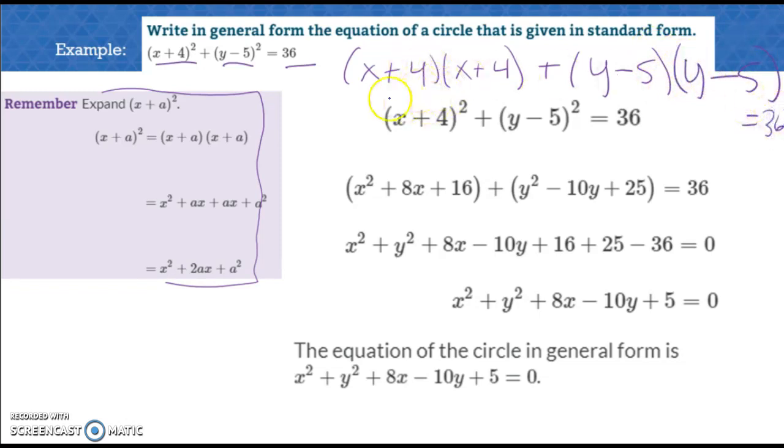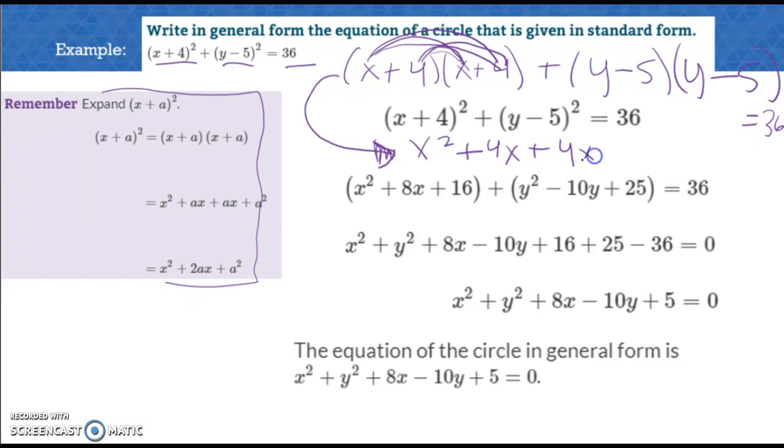We're expanding out those two binomials that are being squared. Then you use FOIL: first times first, outside times outside, inside times inside, and last times last. You wind up getting x squared, first times first; outside times outside is 4x; inside times inside is 4x; last times last is 16.